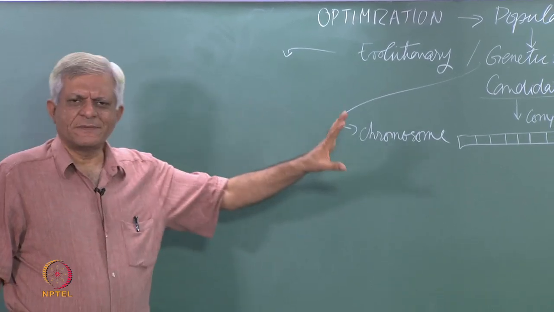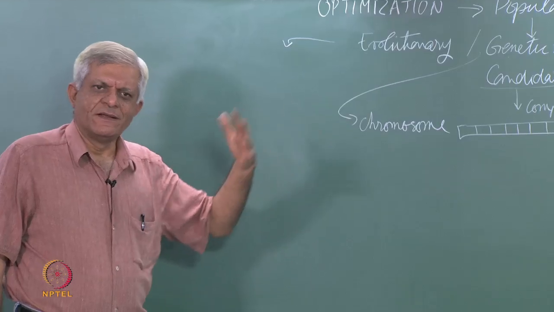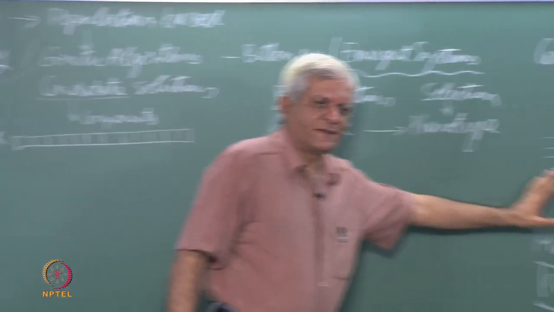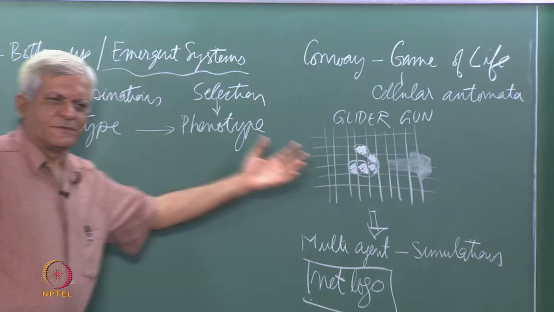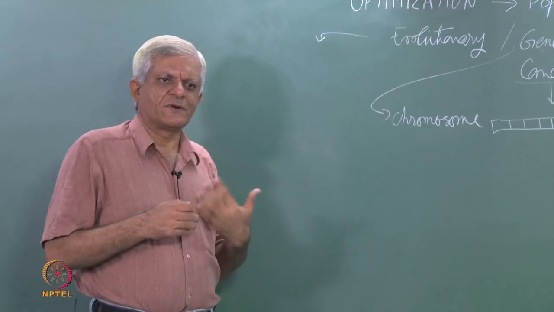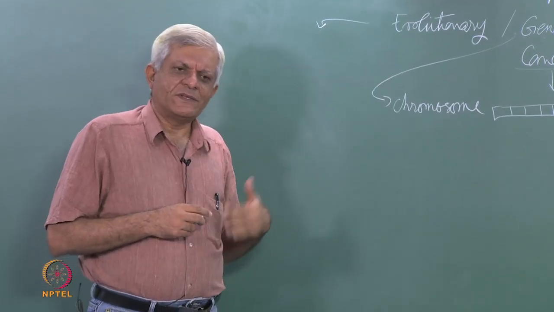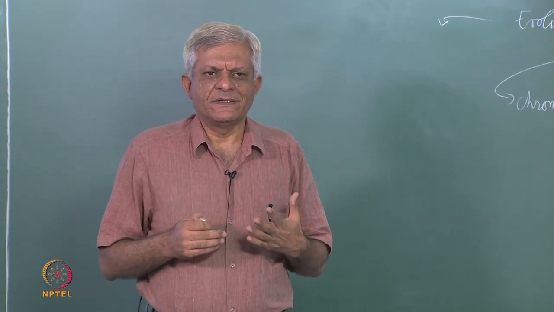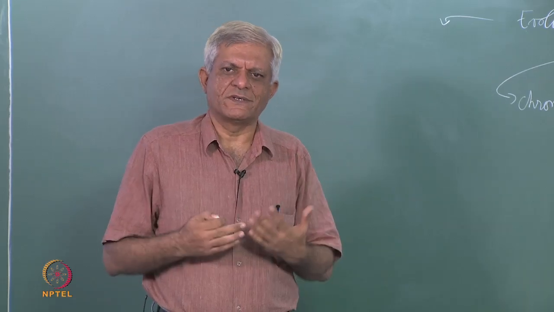Genetic algorithms are also a little bit like that, except that there is no spatial connotation. Here we have a space made up of grids and cells in which the people live, but in GAs we just have a population and we do not really talk about space, though some people have started speaking about spatial distribution of populations.